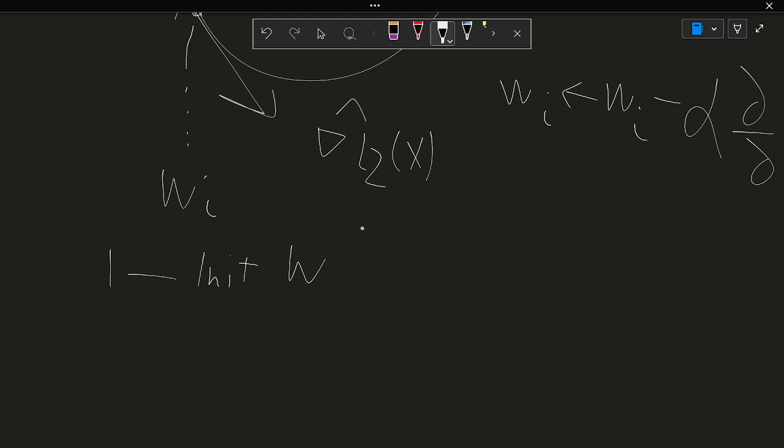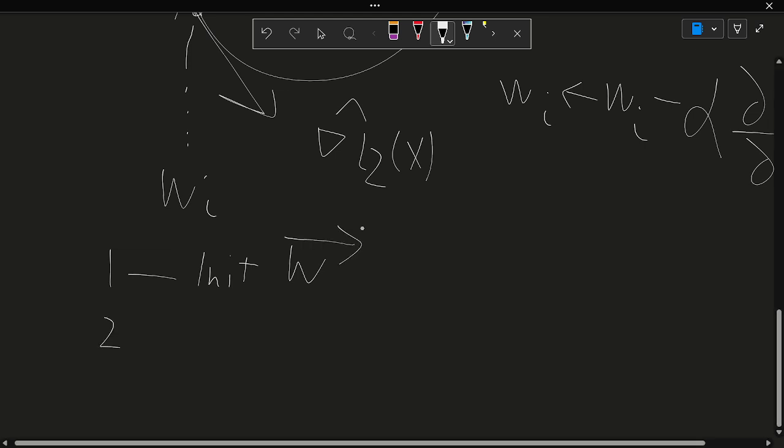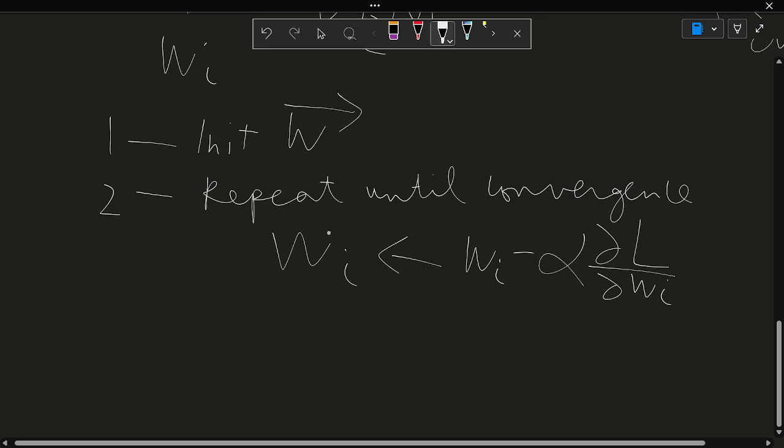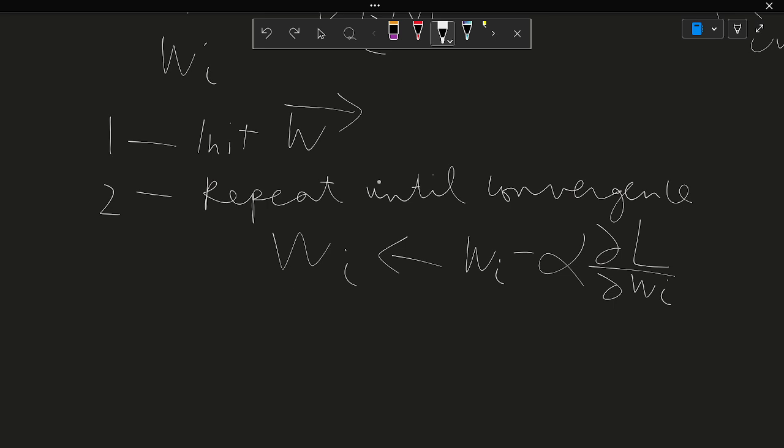And then you repeat until convergence. Yi is equal to Yi minus lambda alpha, and then just the derivative of the loss, right? And in this particular case, Yi is just one parameter of W, one dimension value of W, right?